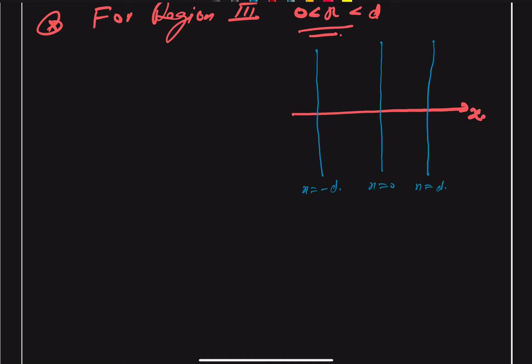Therefore, we say the distance from a point x to each wire. So let us consider, okay, this is region 1 and this is region 2, region 3, and we have region 4.